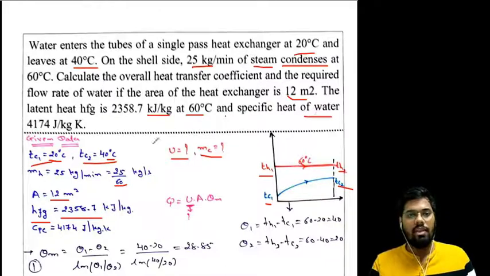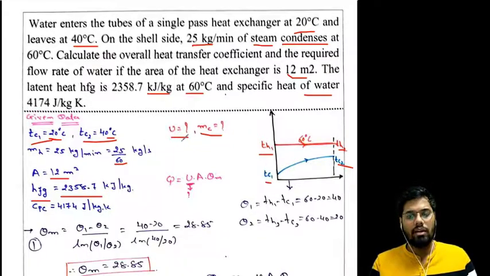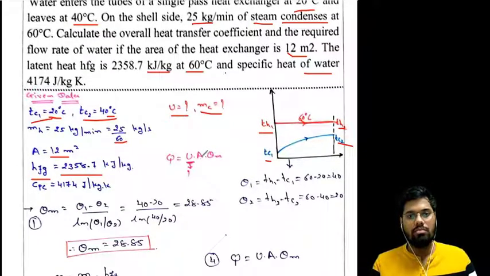We know that the specific heat of water we can take as 4.174 kilojoule per kg Kelvin. So to find the value of U, we need to find the value of theta m, because the area is already given in the question.